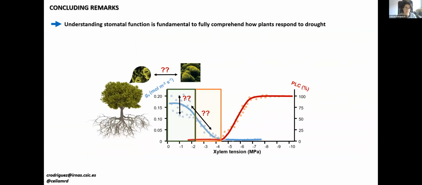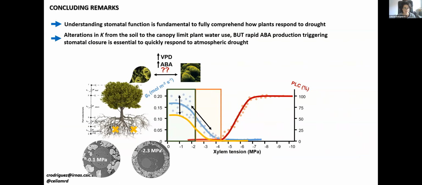And as concluding remarks of my talk, understanding stomatal function and how they close is fundamental to comprehend how plants respond to drought. Any alteration of the hydraulic conductance of the continuum between the soil and the canopy can work as a limiting factor in a seasonal time frame, but we know that in a diurnal time frame, on the scale of minutes, ABA is closing stomata in the leaf.